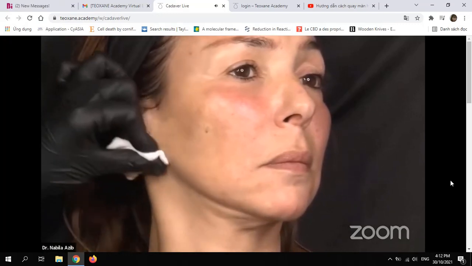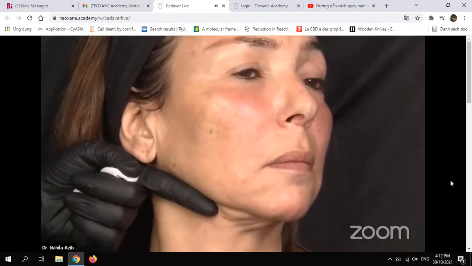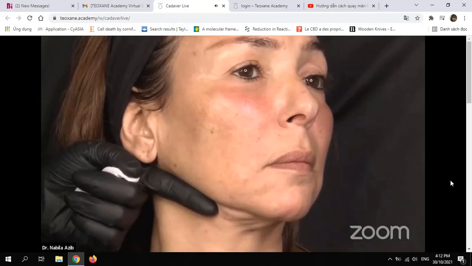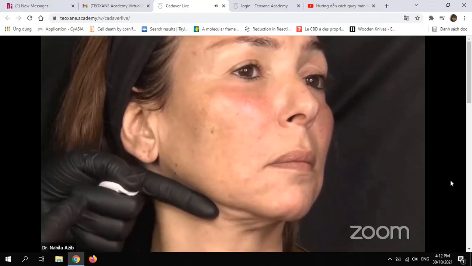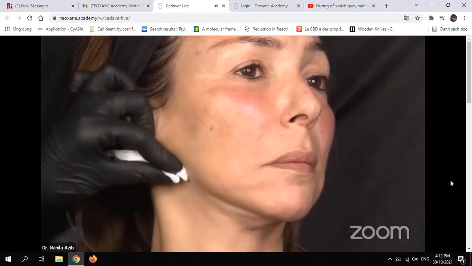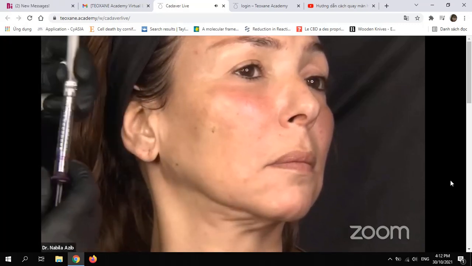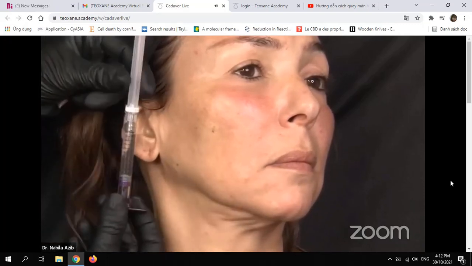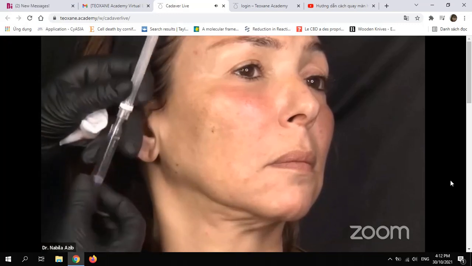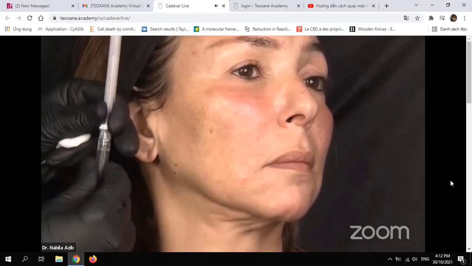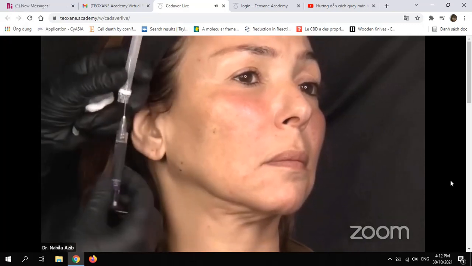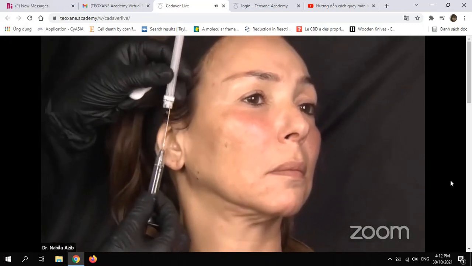So when I was with my 21 gauge needle, I injected in a perpendicular way. So I have a tunnel in that way. So now I know that with my cannula, I switched for Volux 4, and here I need to inject with the rigid cannula, first for safety, but second for being more precise.